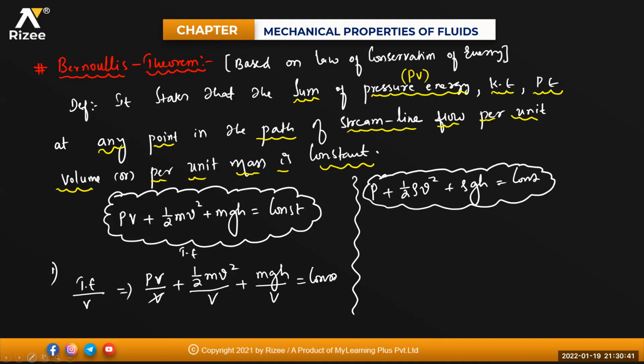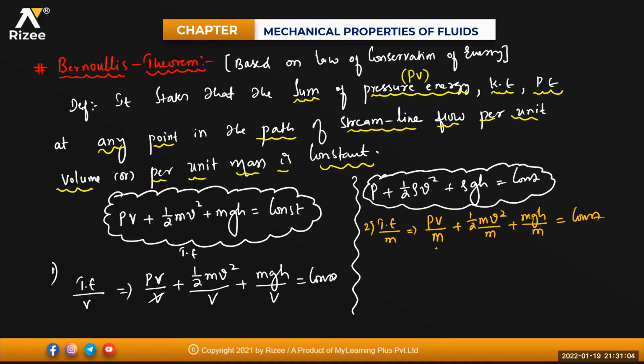Second one, total energy per unit mass. That means P into V divided by M plus half into M into V square divided by M plus mg into h divided by M will be equal to a constant. Isn't it?